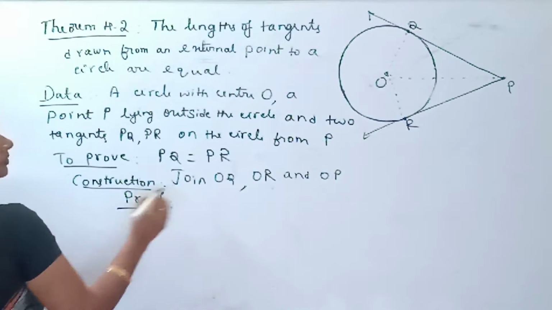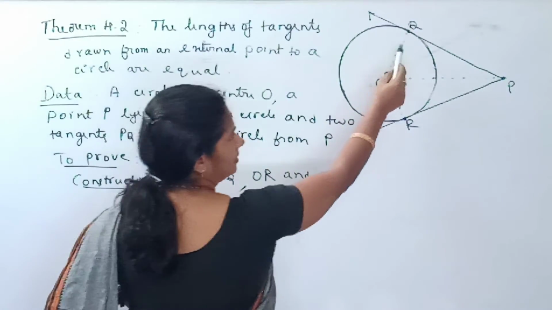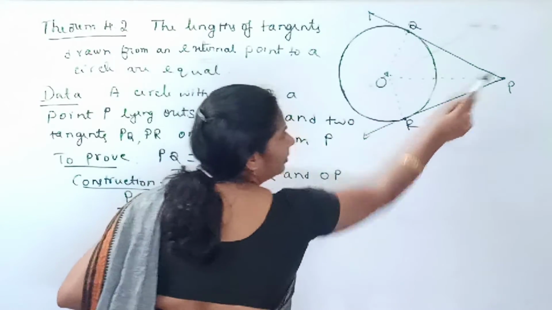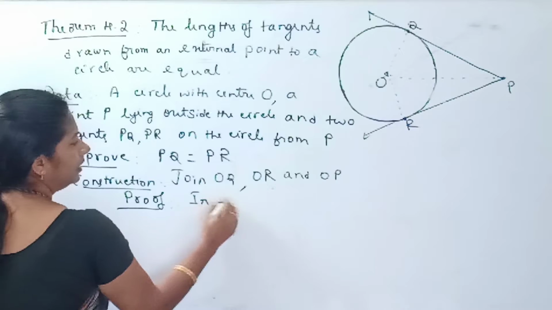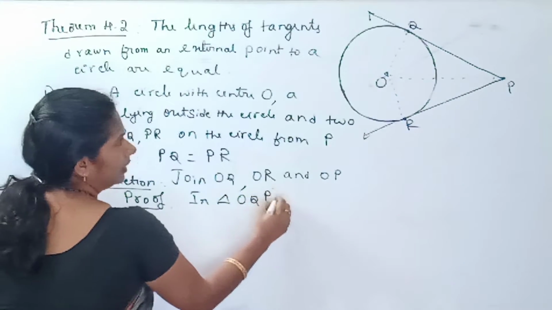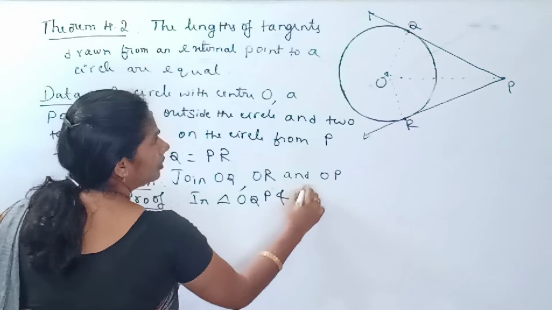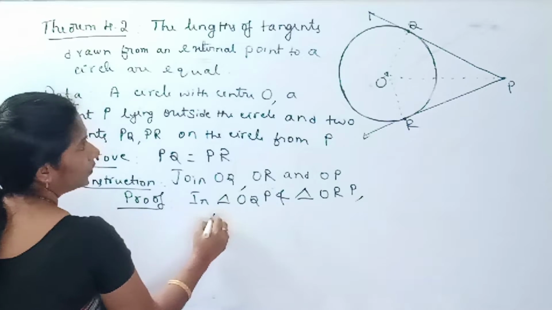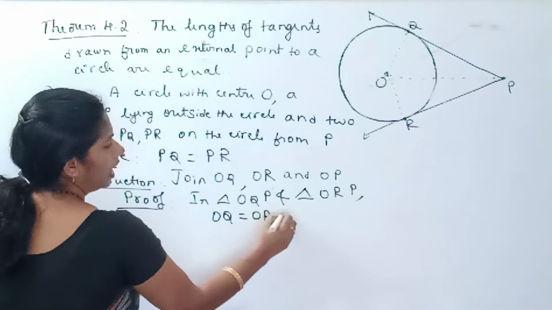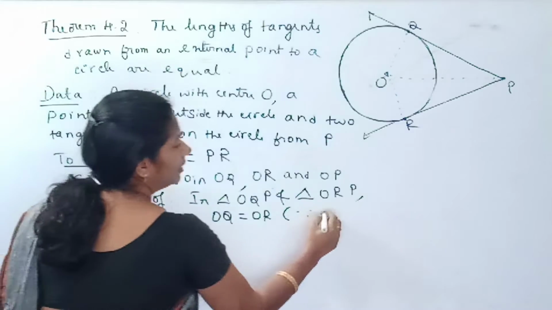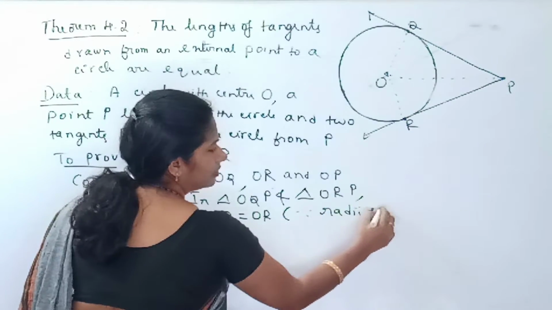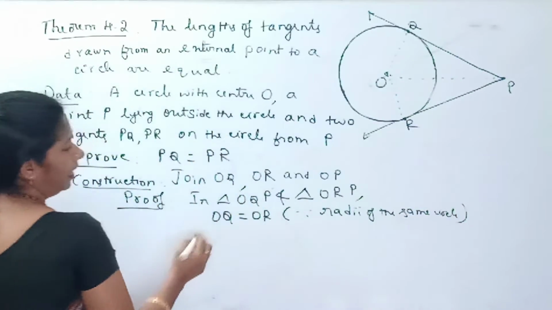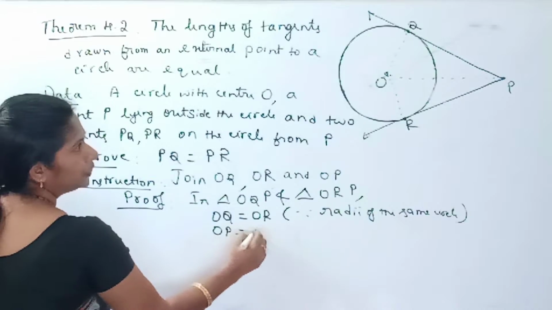See here, we are finding 2 triangles now, isn't it? Triangle OQP and triangle ORP. So in triangle OQP and triangle ORP, let me write OQ equal to OR because they are radii of the same circle, and OP equal to OP.